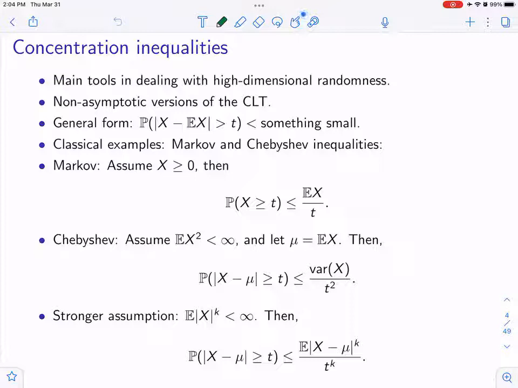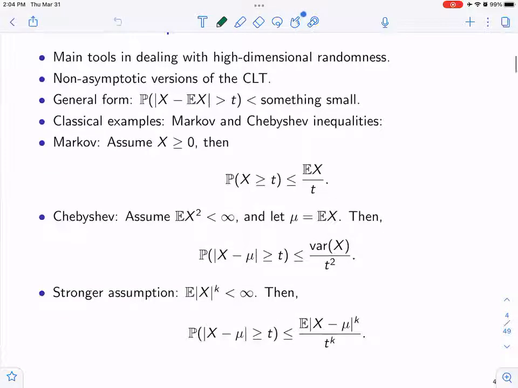The classes of random variables that we're going to consider have been known, but it's a more recent way of thinking about concentration. So these ideas that we went over last time are pretty classical.